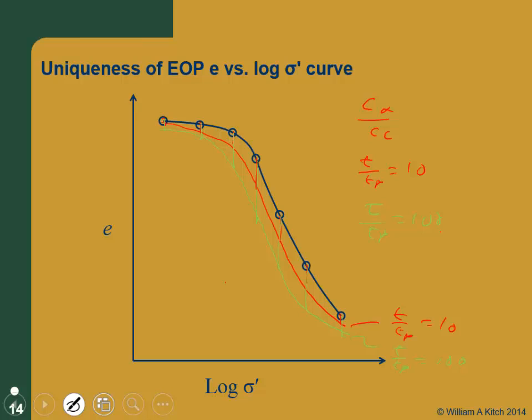So now I get a different stress-strain curve for each of these, and then if I want to calculate the settlement in the field for a certain time after primary, I have to calculate what the end of primary is going to be in the field. Rather than trying to calculate secondary settlement in all different places, I can just go into the stress-strain curve for that ratio of t over t_p that I'm interested in the field, and I can estimate the settlement in the field after primary.